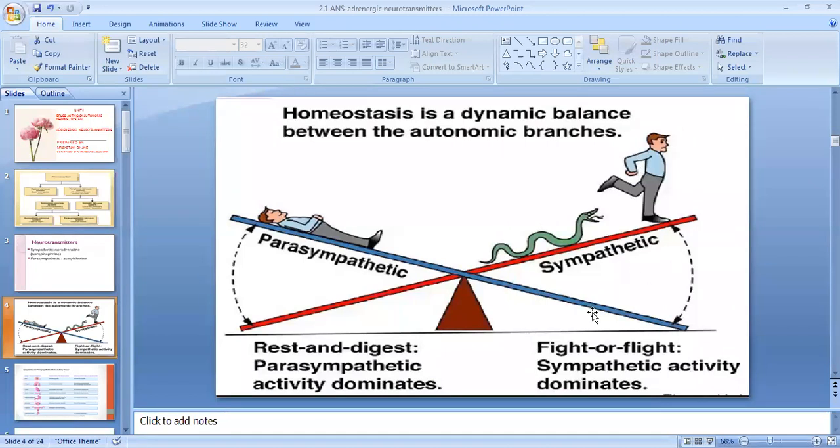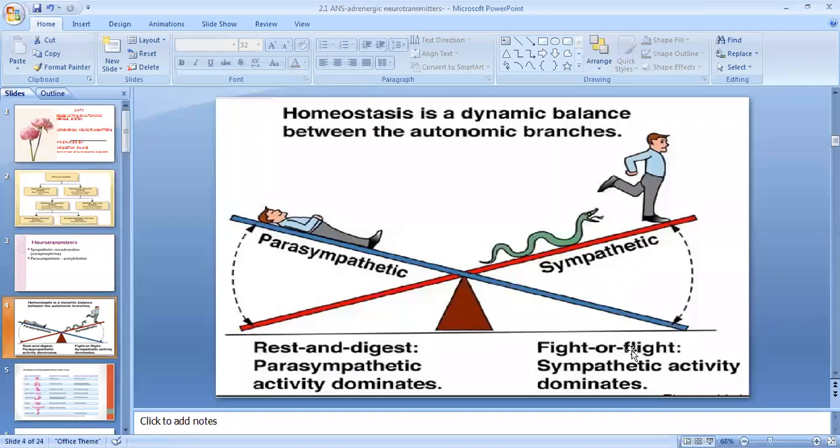But after that, when he realizes that the snake has gone on its way and he has protected himself, he is going to take a resting position. When he shows the walking or running action to protect himself, the system that is activated is the sympathetic system.